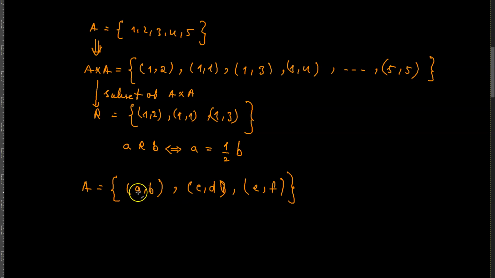Now the Cartesian product of A and A in this case would be, for example, (A, A) or (A, B) mapped to, for example, (A, B).